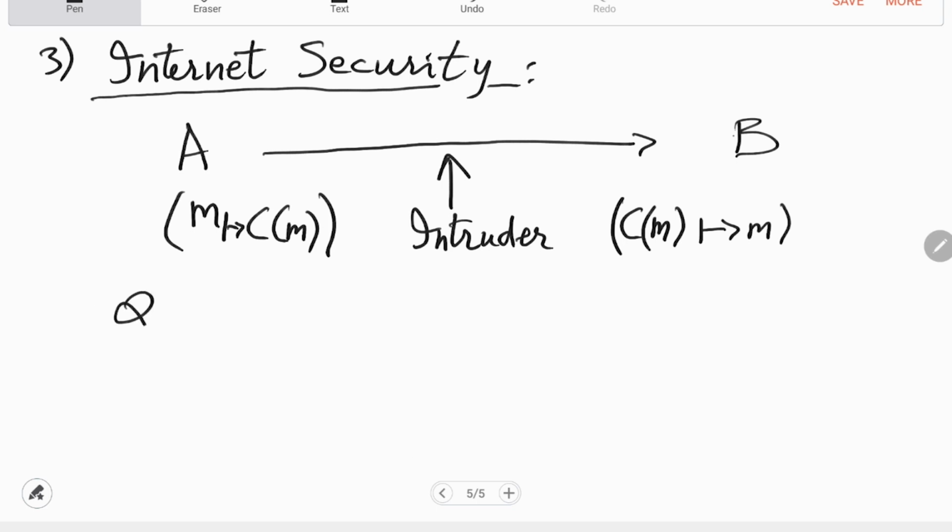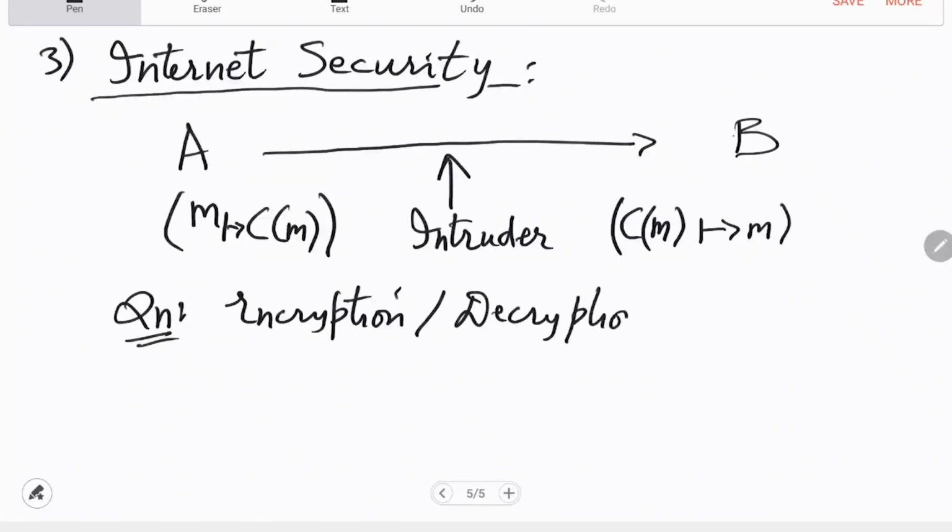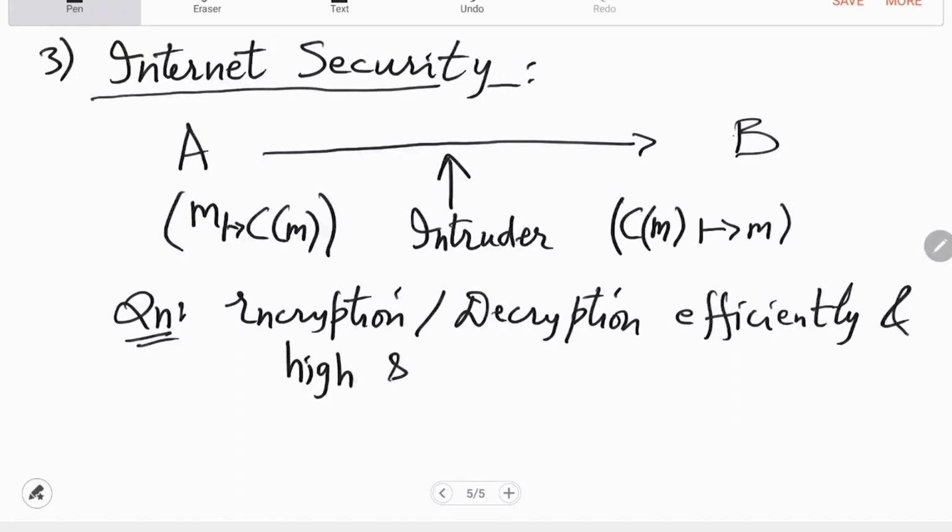So the question here is again encryption and decryption, efficiently, and with a high security guarantee. Those are the things you want.